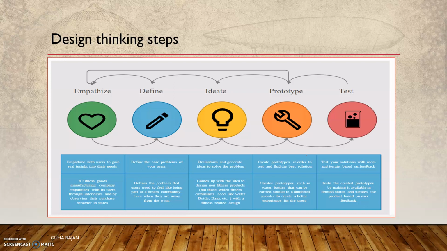You can define the problem statement, and then look at what the likely solution could be, and that is where you have ideate. Ideate is to brainstorm and generate ideas to solve the problem. So then comes the ideate stage.